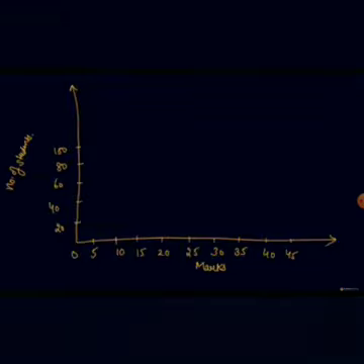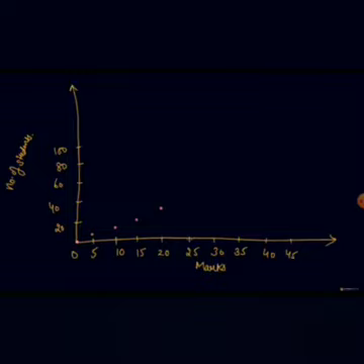Now let's make both the less than and the more than ogives here. For the less than ogive, we take the less than class and its cumulative frequency. At 0, there was nothing. Less than 5, how many were there? 4. Less than 10, how many were there? 10. Less than 15, 20. Less than 20, 30, somewhere here.